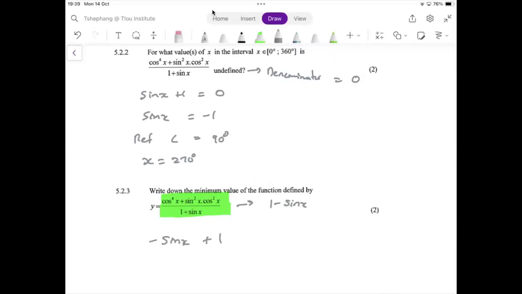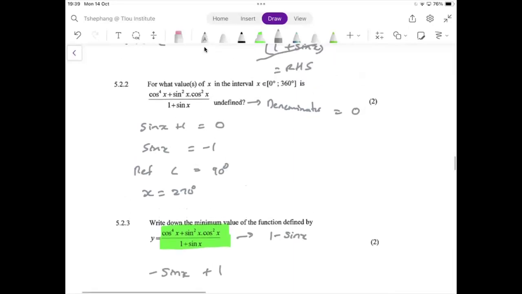Yes, dear? My apologies there. It is asking, how did you get to 270? Okay, so what we're doing is, sorry, I'm doing it wrong. That's a very wrong CAST diagram. There we go.